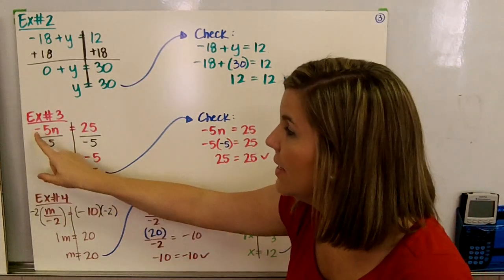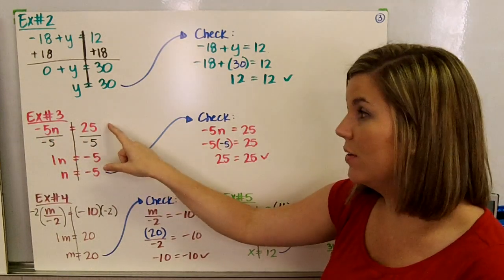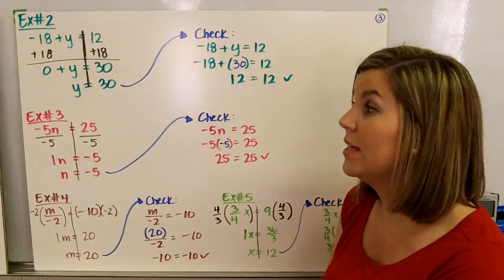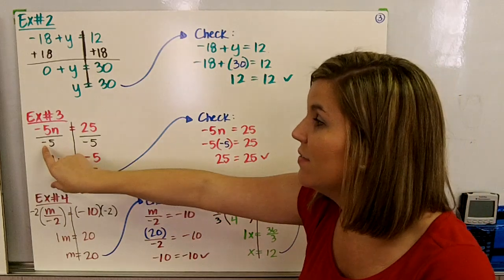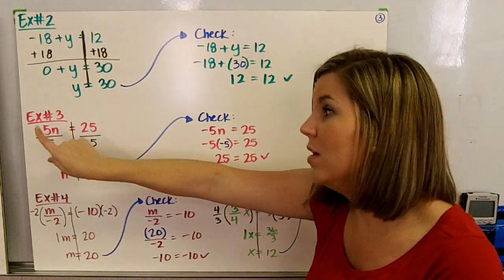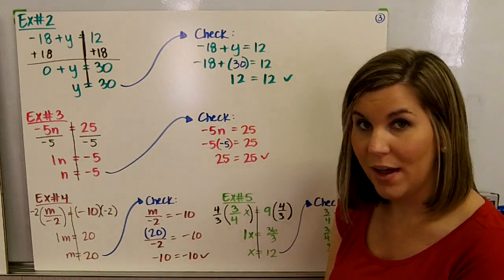Example number three. Negative 5n equals 25. So this is negative 5 times n. The opposite of multiplication is division. So we're going to divide by negative 5 because it was multiplied by negative 5. So divide both sides of the equal sign by negative 5.